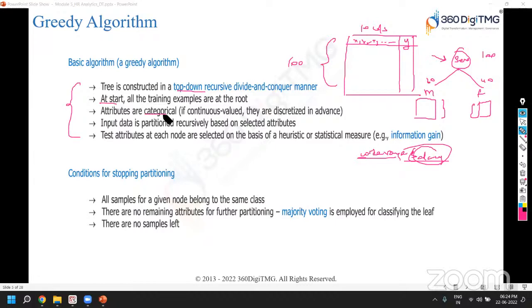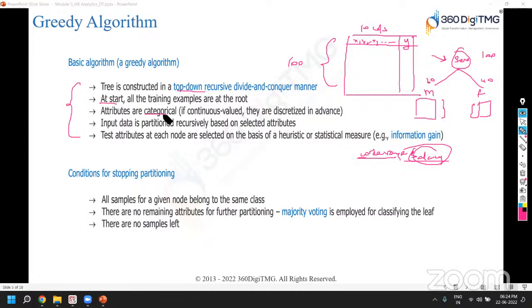Now, this can happen in three different scenarios. All samples for a given node belong to the same class. Samples means records. When you're splitting the data into branches, the records that we are getting could have the same class. If that is the case, then you're able to take a decision. You don't need to further grow it.